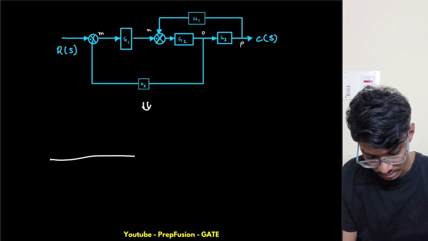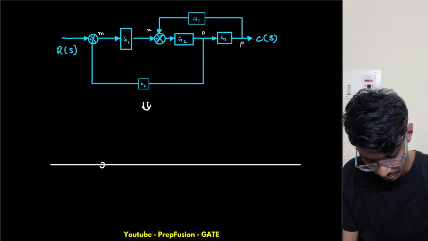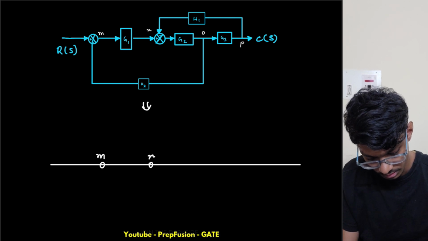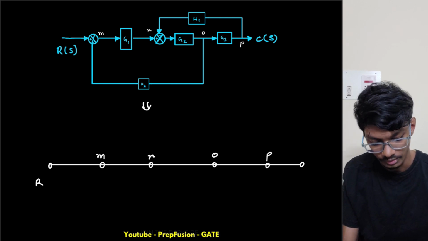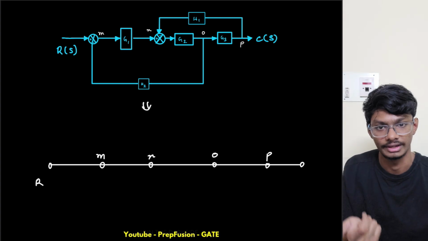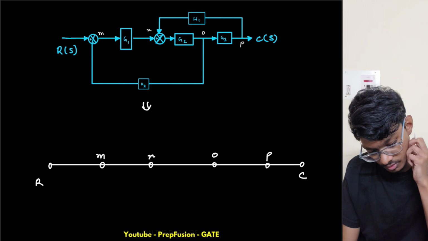I will simply draw a straight line over here. Then we have the M node over here, N node, then O node, and P node, and this is the output node, this is the input node, R. I will just write R and not R(s). So this is M, N, O, P.